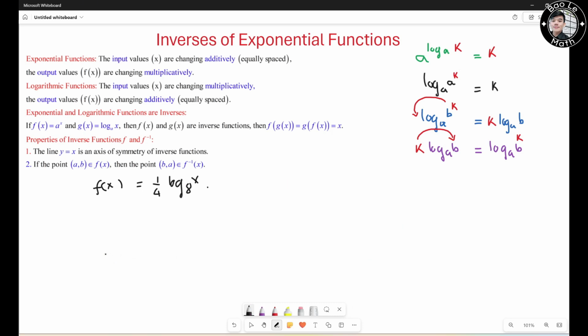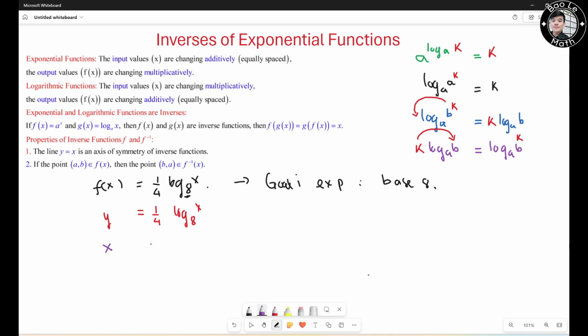Now let's move on to the next example. We need to find the inverse of this function. This is a logarithmic function, so our goal should be the exponential. I see the base here is 8, and so the base of the exponential must be 8. Now I need to swap x and y.